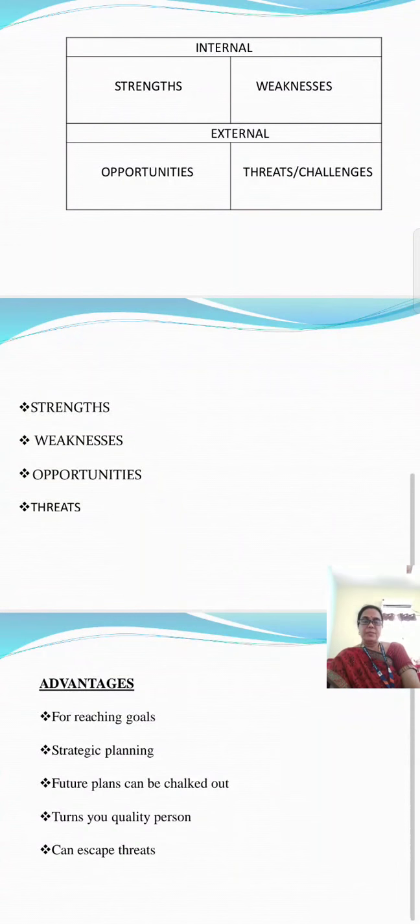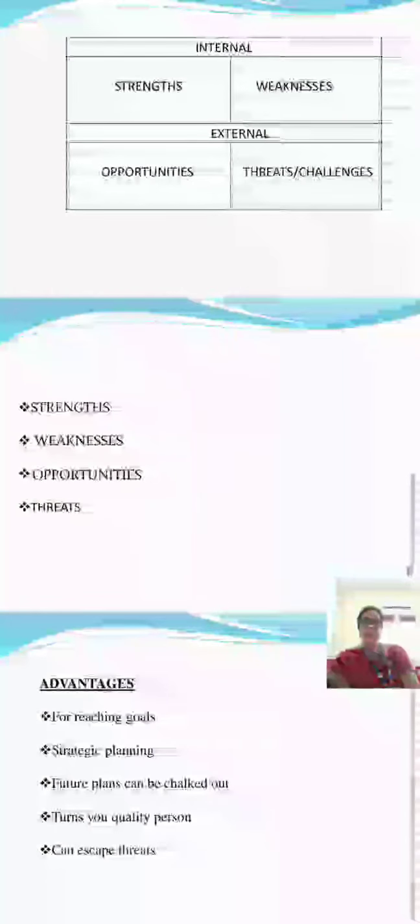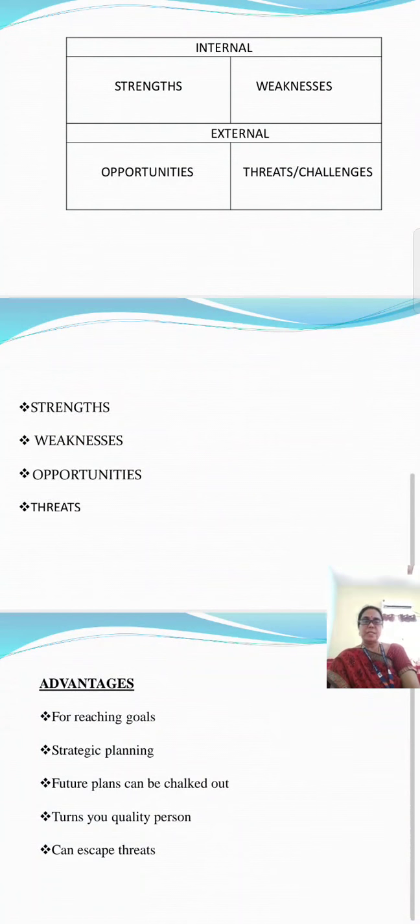And third one is that future plans can be chalked out. It helps in knowing past, present and future so that by using past and current data, future plans can be chalked out. You can escape threats. By realizing weaknesses, one can overcome threats. It turns you into a quality person. Knowing and using your strengths can make you potential and turns you into a quality person.